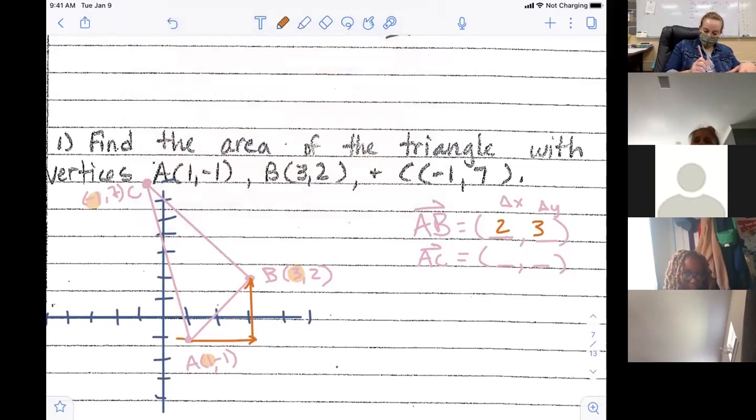So I'm going left 2 units, and I represent that I went left by saying I moved -2 units. My y value is at -1 for A, and it's at 7 for C. So that means I need to go up the distance between -1 and 7, which is 8 units, to get to C.